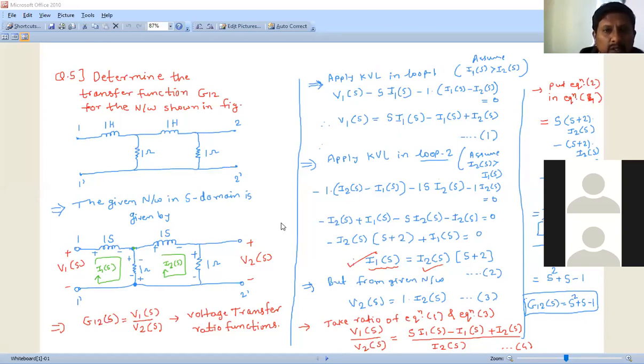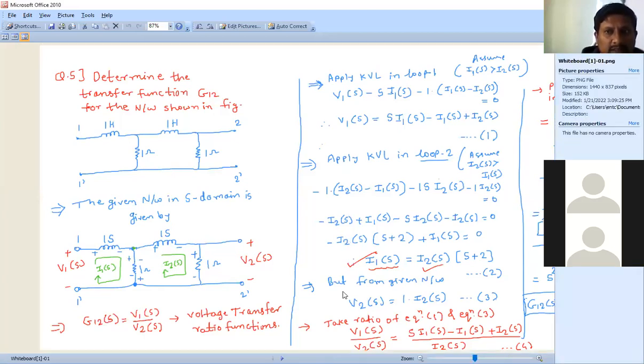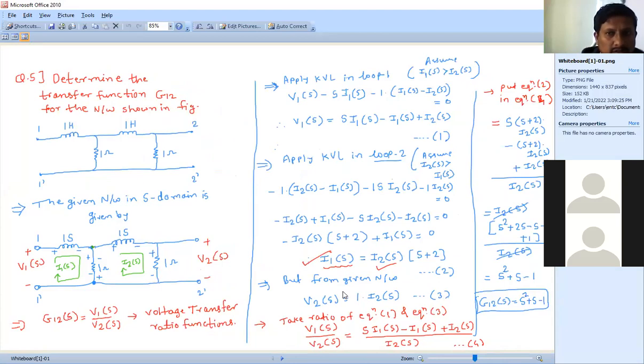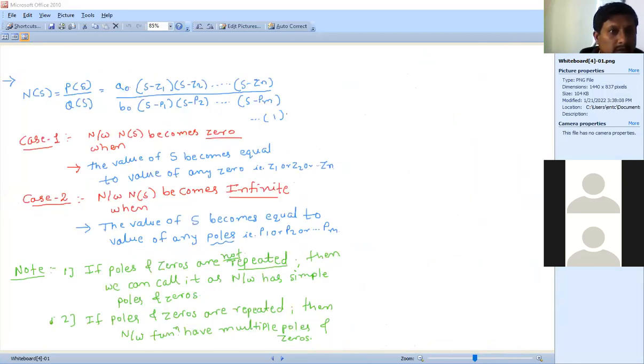After that, we discussed the poles and zeros, and the case 1, case 2 points.